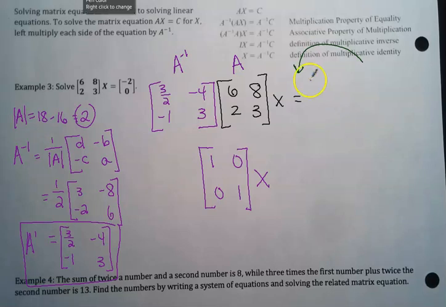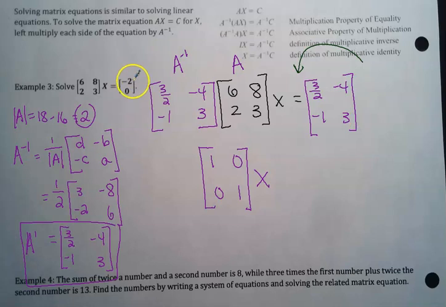So I need to put my inverse matrix first: 3 over 2, [-4, -1, 3]. I'm going to multiply that by my C, the [-2, 0]. Now let me go back and check. I'm glad I did that.